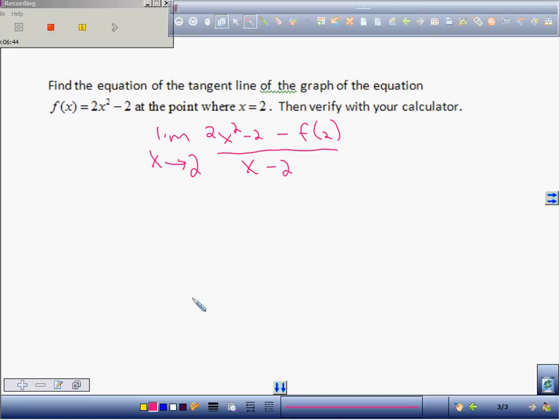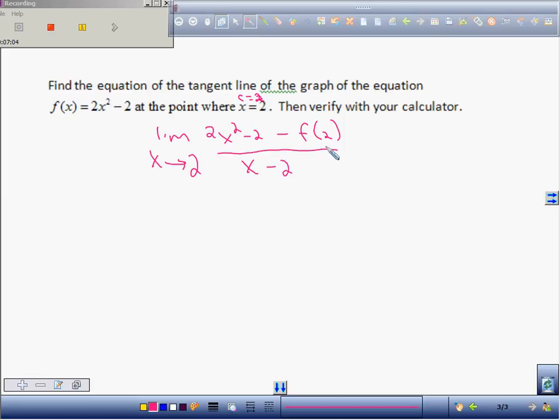So you have to do a little bit of algebra here. It's f(x) minus f(c). C in this case is 2. So when they say x equals 2, they mean that the value you're finding the derivative at is 2.